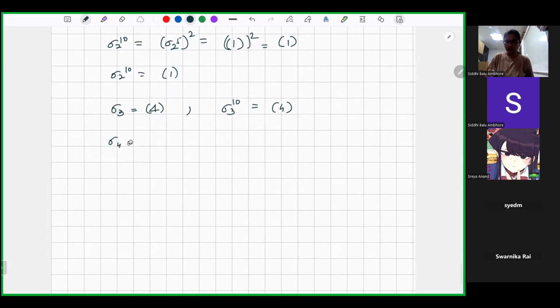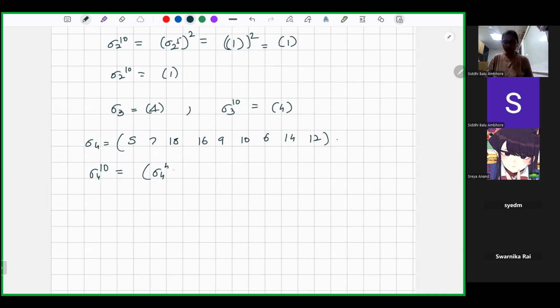Sigma 4 was my 9 cycle, which is 5, 7, 18, 16, 9, 10, 6, 14, and 12. Okay, and I have to look at sigma 4 power 10, but note that the order of sigma 4 is 9 because it is a 9 length cycle.